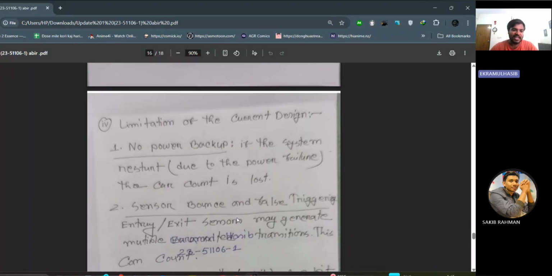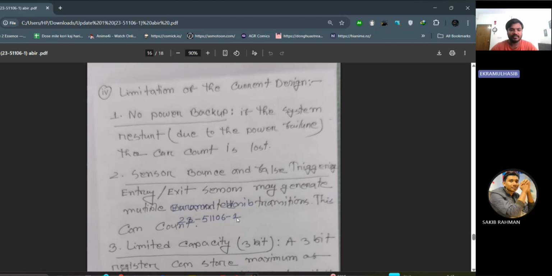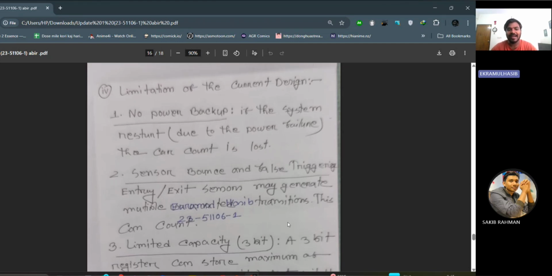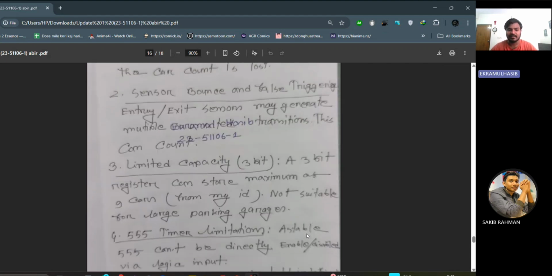My assignment last part, limitation and upgrades. Finally we analyze the system weakness like the small capacity and suggest improvement like adding a microcontroller for larger parking areas.